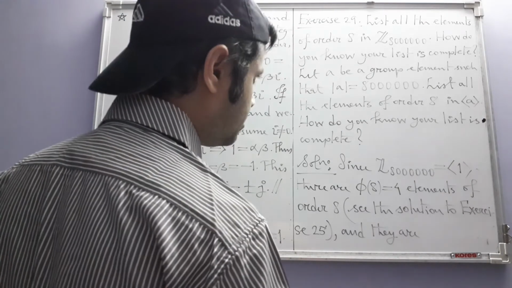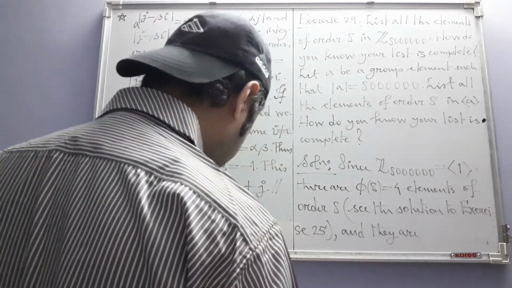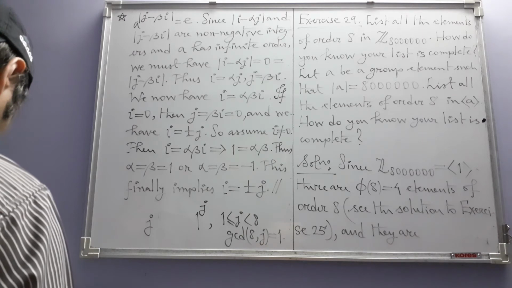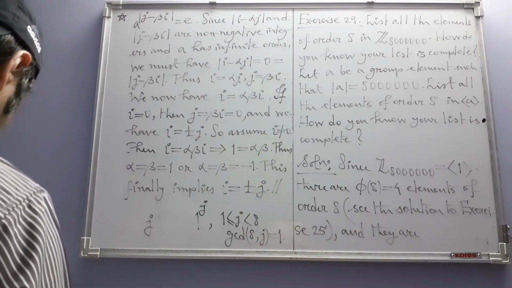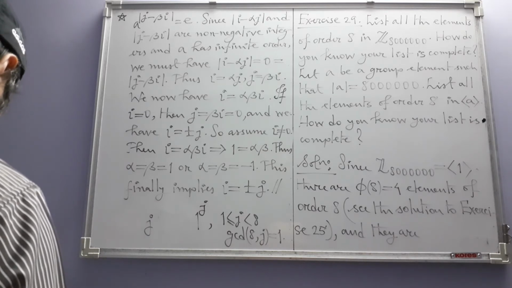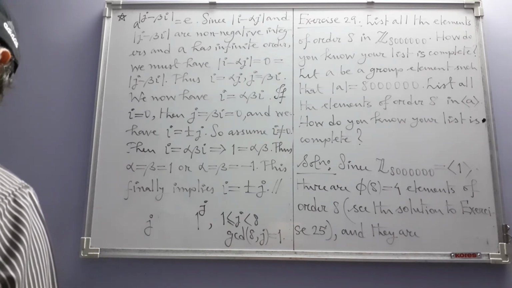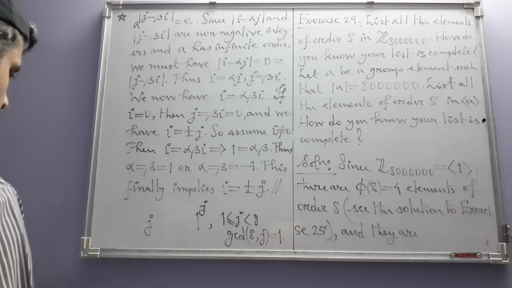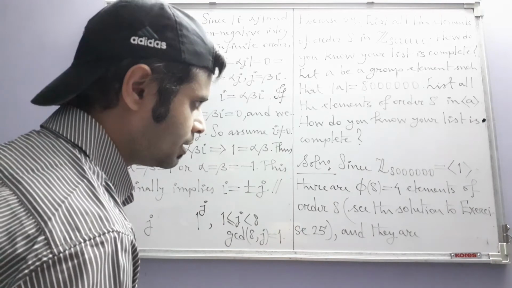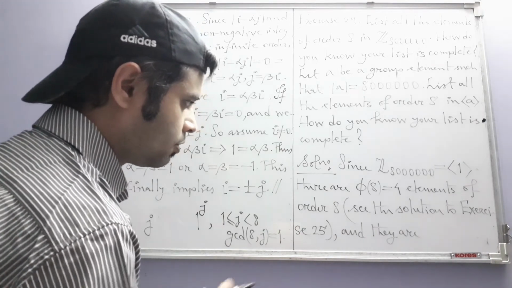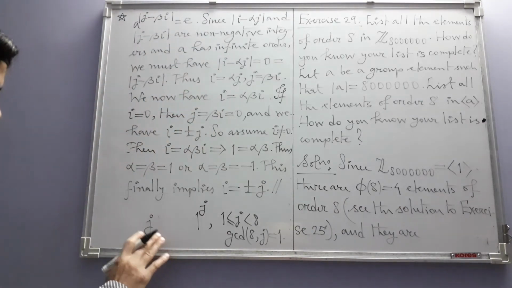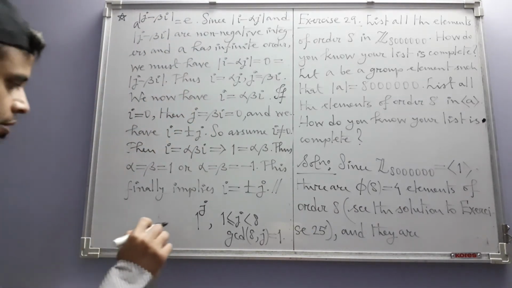And now, am I saying it correctly? Let me just... No, I am not saying it correctly. Because in the solution to exercise 25, this part we have written correctly, but this is where I made a mistake.